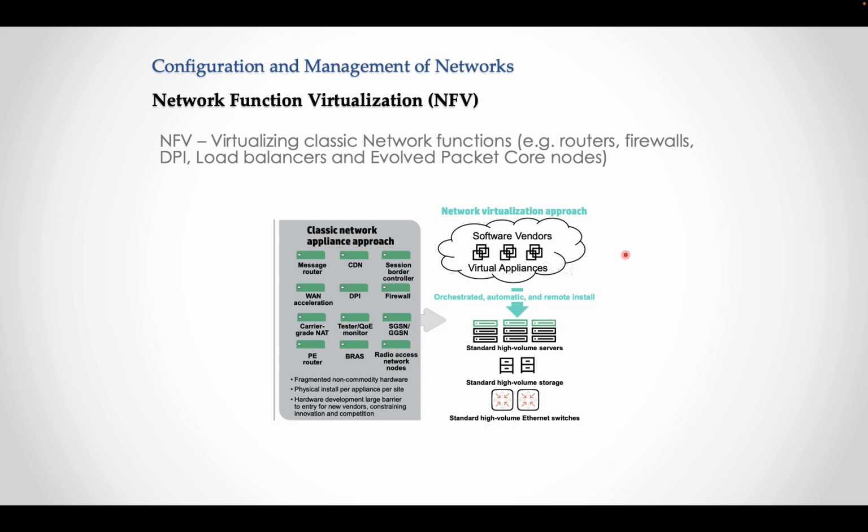All those special boxes do not need to exist anymore. The only ones that are always going to have to exist are switches and routers, because I'm going to need to have traffic physically being transported. But instead of having special hardware for being a firewall, I can have this done in software in a regular server.